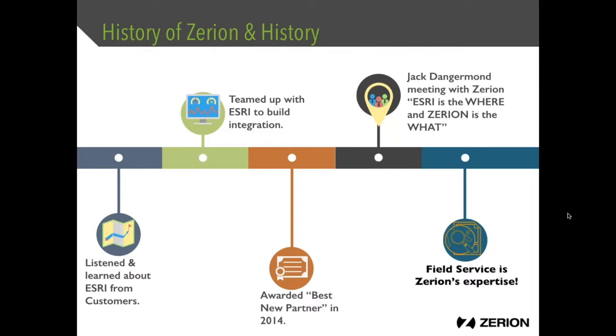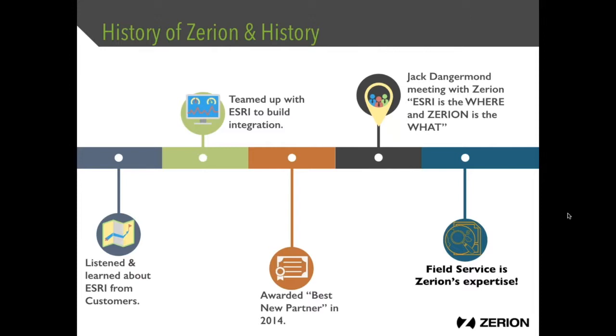Is there a way we can visually digitize on a map, spatially see your data, see pre-existing GIS data, and then collect data with Zerion Data Collector? So we listened to our customers and decided it's the best move for Zerion to gain this partnership with ESRI. Moving down the timeline here, we were awarded Best New Partner in 2014.